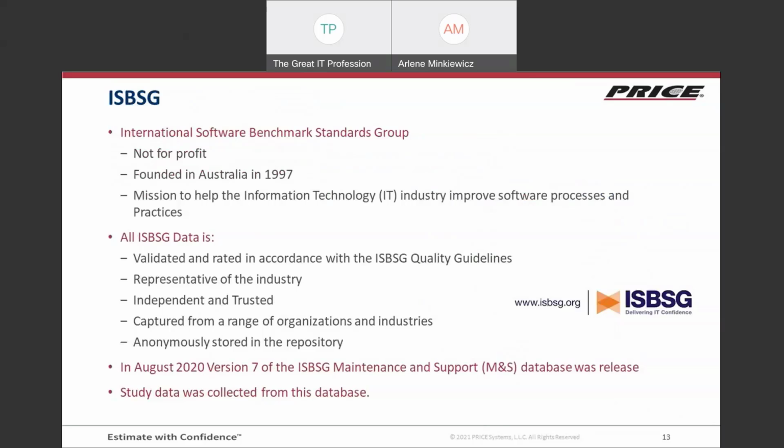So they've got rules. And as I said, the data is anonymous, but each data point that they collect from software developers around the world is assigned an ID number, and the ISSG's representative knows what company that ID number is associated with.